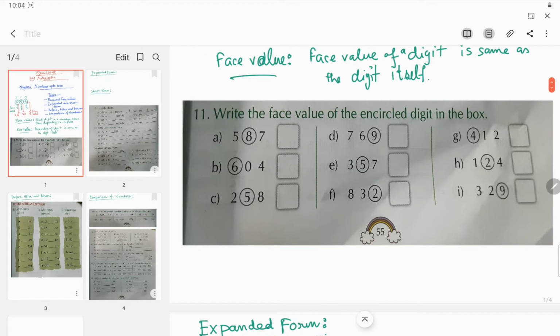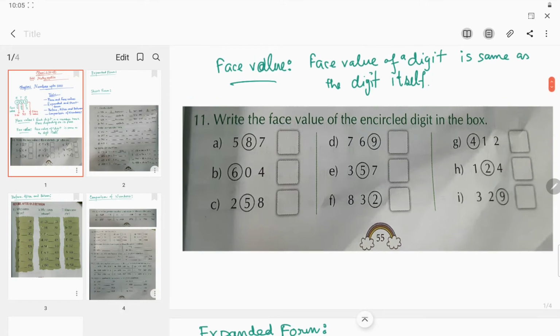So now let's move on to some problems on your page number 55. Write the face value of the encircled digit in the box. You know, the face value means the digit itself. So in question A, 8 is encircled. What is the face value of 8?